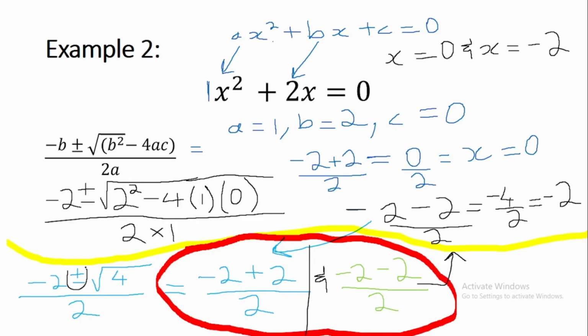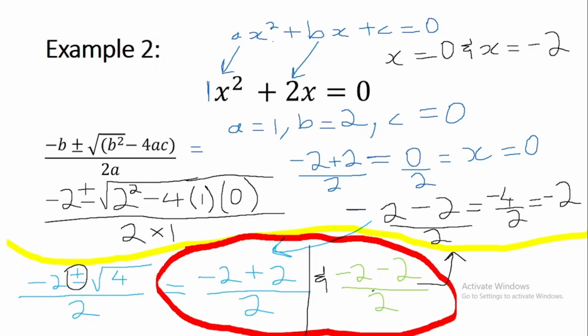And if you realize, I separated the two parts right here because of the sign. The plus or minus means that I'm going to have my negative 2 plus the square root of 4. The square root of 4 is going to be 2. So negative 2 plus 2, that's going to be over 2. And I'm going to have my negative 2 again, minus 2 over 2.